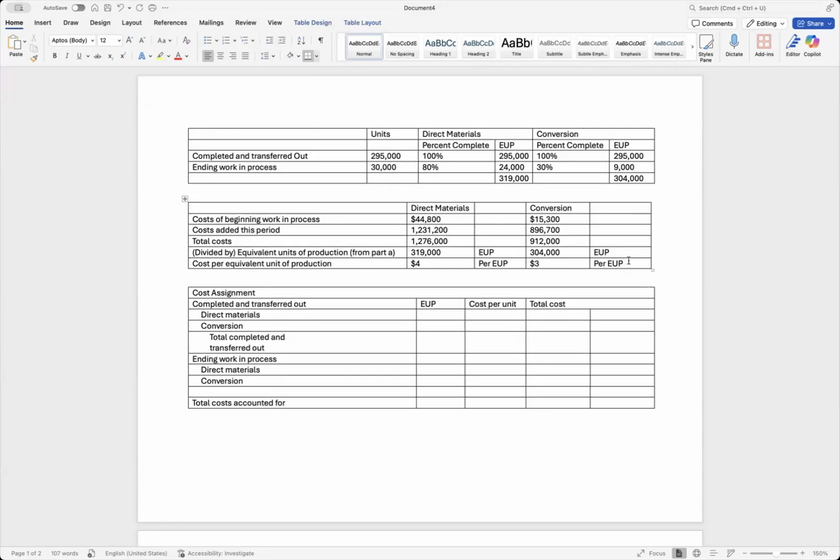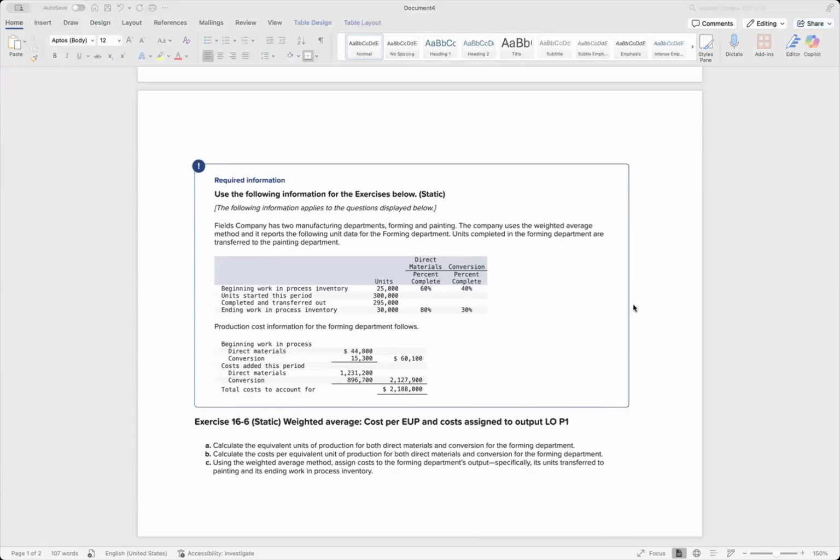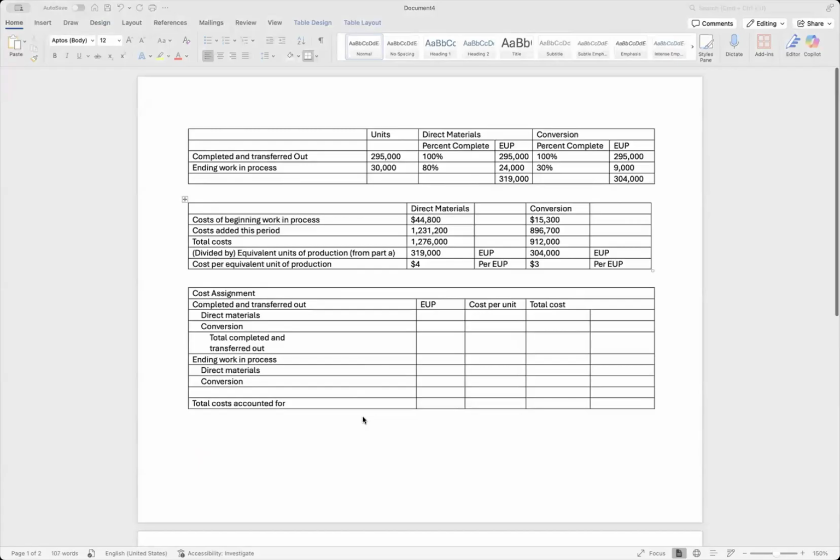Okay, so that is part two. Part three now says, using the weighted average method, assign cost to the foreman department's output, specifically its units transferred to painting and its ending work in process. So let's start here. Completed and transferred out.